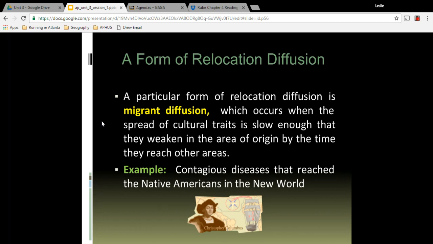Smallpox was absolutely devastating to the native population. Smallpox had already wreaked havoc on the European population, and many of the Europeans had developed a level of immunity to it. So the strength of smallpox had weakened in the hearth, in the origin of Europe, but it was incredibly strong in the New World upon arrival when the Europeans showed up.